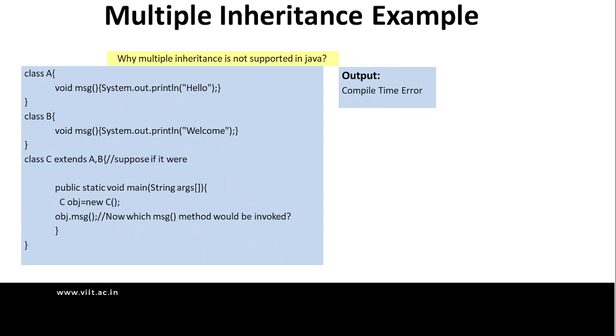So multiple inheritance: class A is there, class B is there, and class C can extend A and B, theoretically. But the Java compiler does not allow this. Class C cannot extend class A and B as well. If you are trying to create an object of class C, the compiler will not allow it.